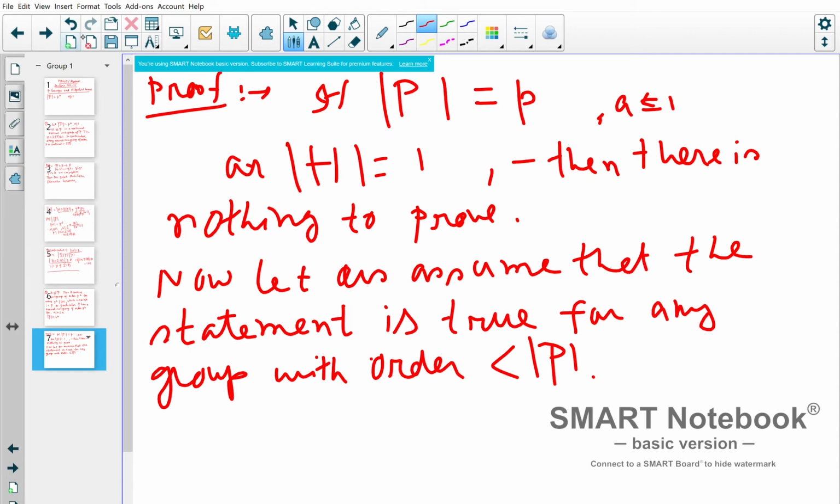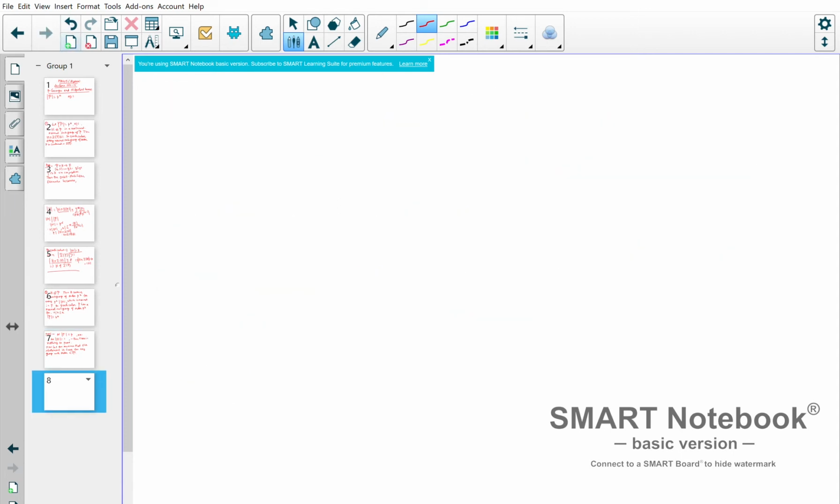Okay, so now how do I go further? Now assume that a is greater than 1 and H is a non-trivial normal subgroup.